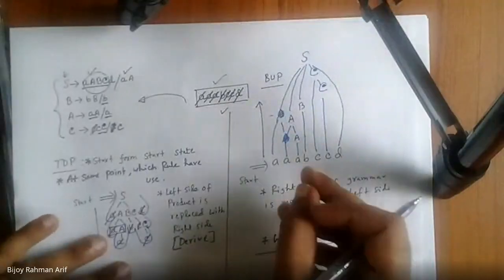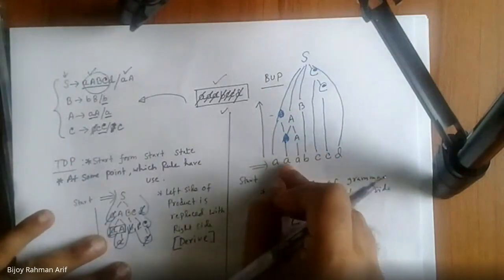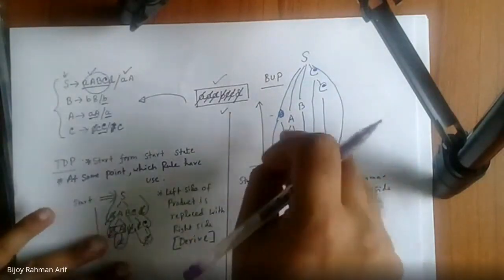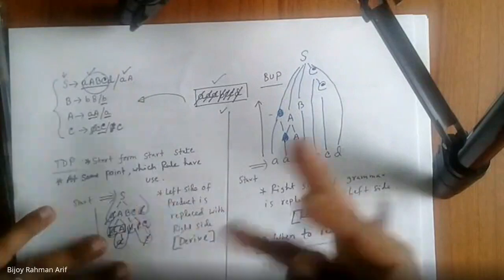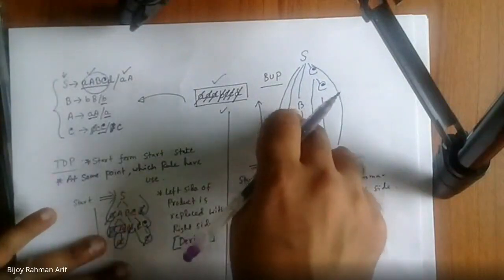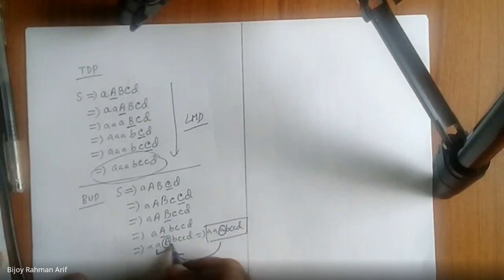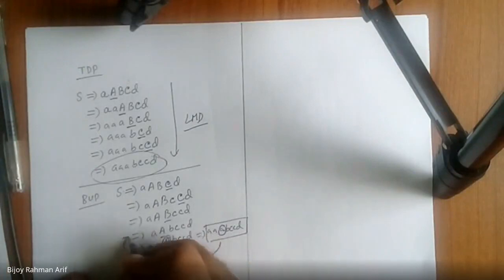Then what I did here: the second A and the next capital A become capital A. Am I right? So in this step, these two become this.